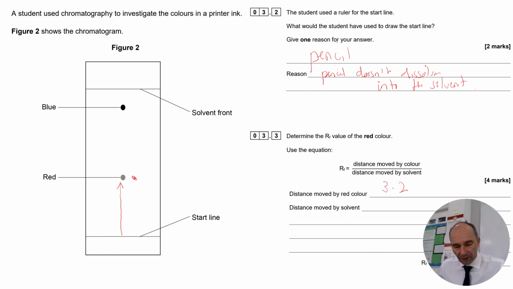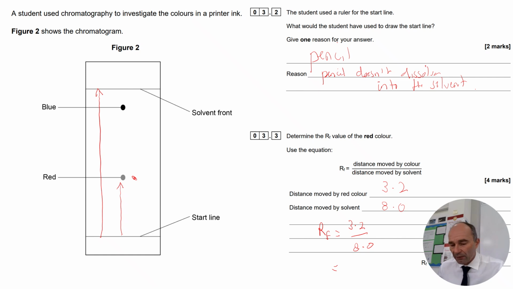Distance moved by the solvent, again measured from the start line to the solvent front, and that comes out as being 8 centimetres, 8.0. RF therefore equals 3.2 divided by 8.0.